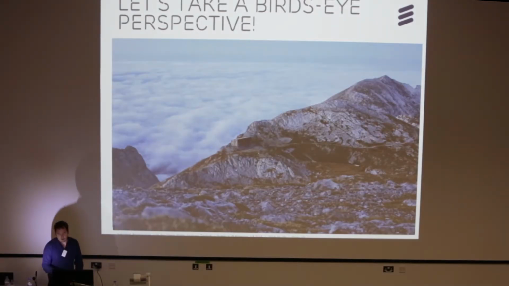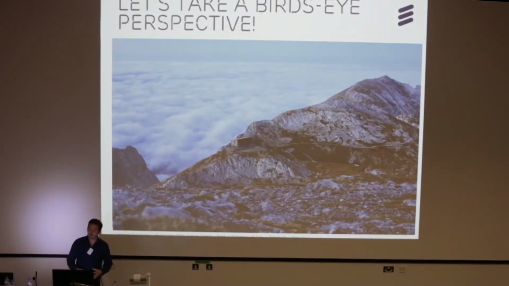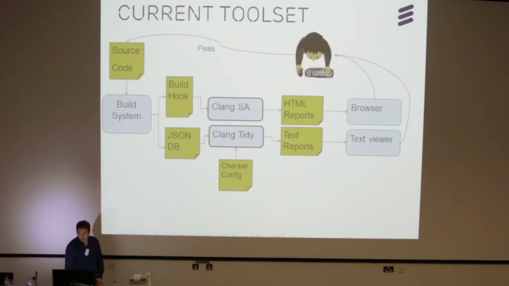So these were the checkers, but if we walk a bit up to the peak and look down, let's see what the ways leading to the building actually are. So how we use this in a bigger perspective. We have the Clang static analyzer on the top here, and Clang tidy below it.